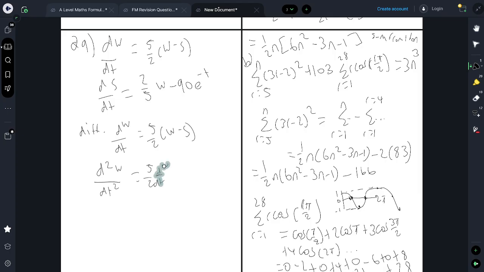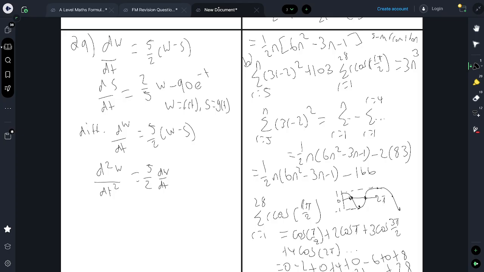It helps to remember that with these questions, in a way, they're kind of like parametric equations. I like calling this parametric differential equations because essentially w is a function of t and s is a different function of t. And t is a parameter here. So they're both functions of t.